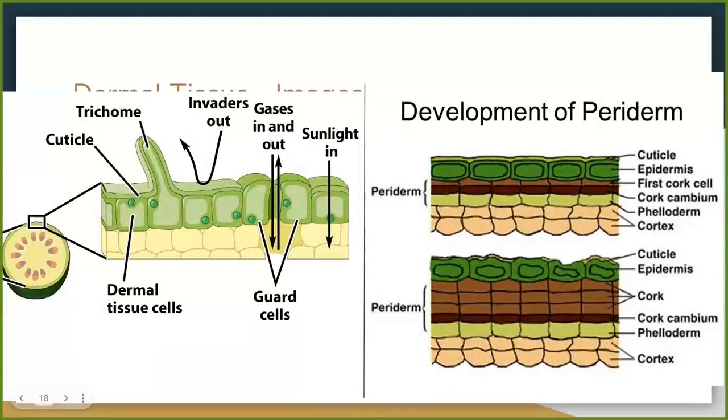On the right side, you can see more of the layers than is found on the left side. But these are the structures of the dermal tissue. Notice that it's somewhat similar to human epidermis. If you look at the structure of human skin, it has some similarities.